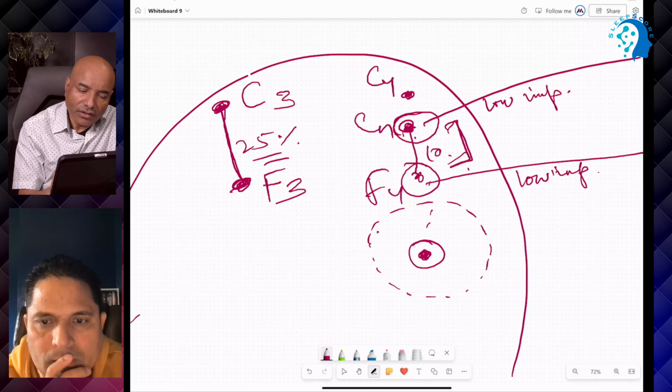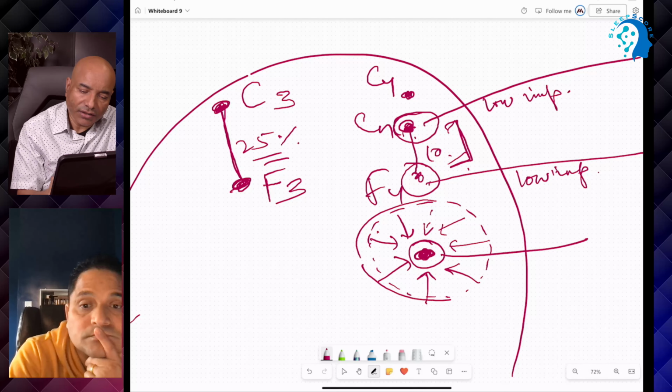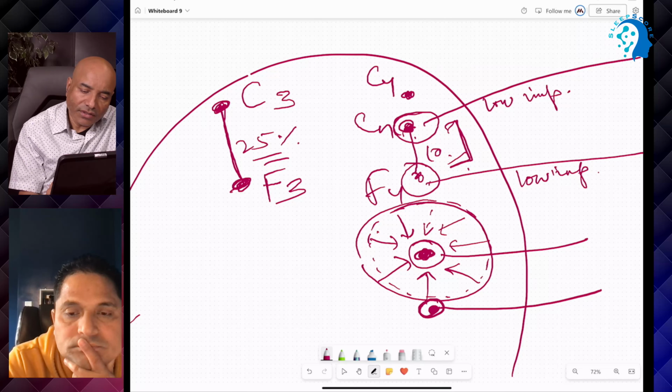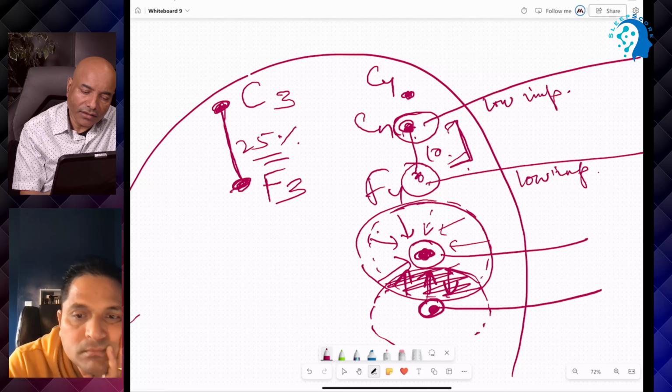This electrode catches the signal from this surrounding, and if you keep another electrode here, this part is all combined, and it cannot go this side or this side. It is like a conflict.